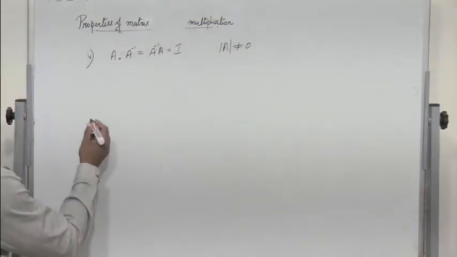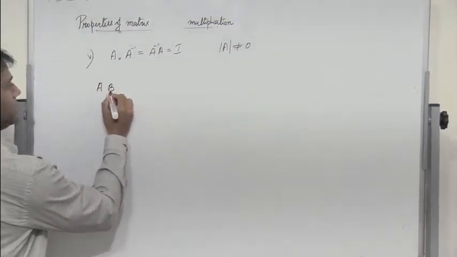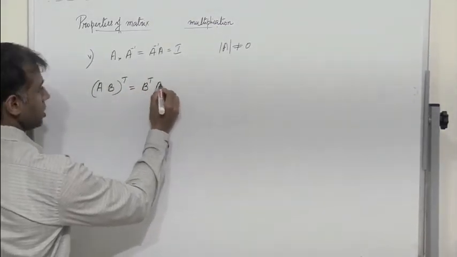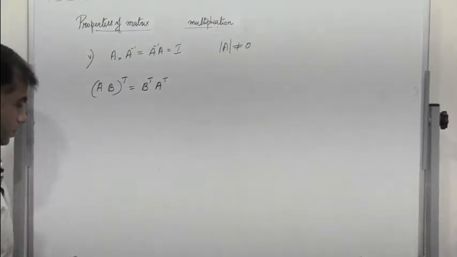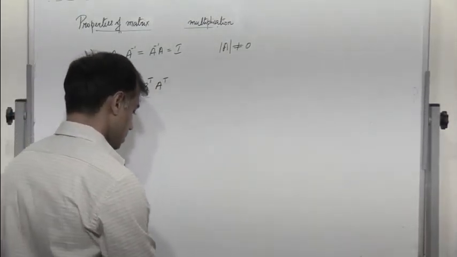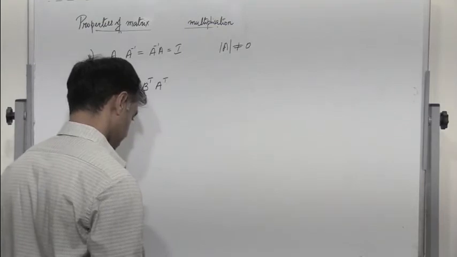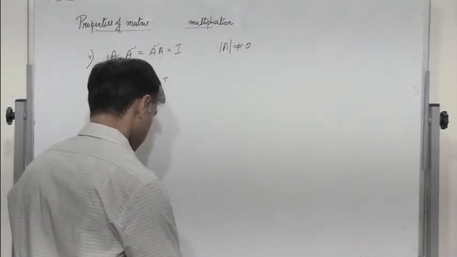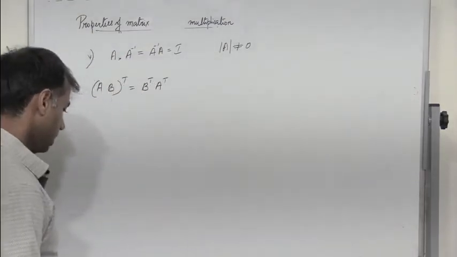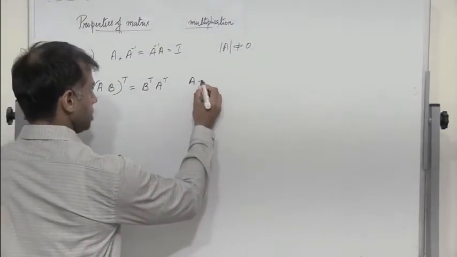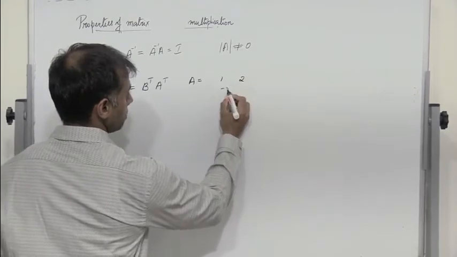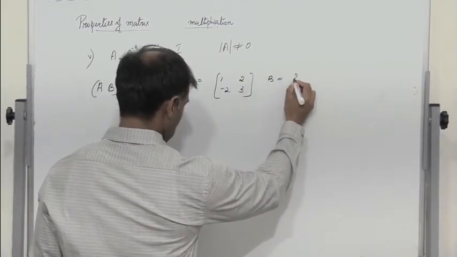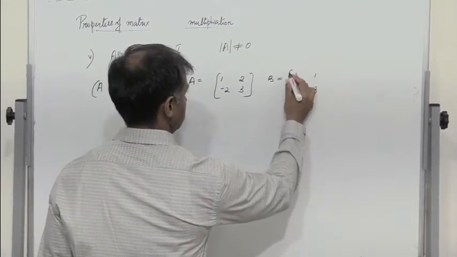Now we will also verify that transpose of A into B equals B transpose into A transpose. So let's take an example. So again I have matrix A, we'll take the same values, 1, 2, minus 2, 3, and then B equals 2, 1, 2, 3.